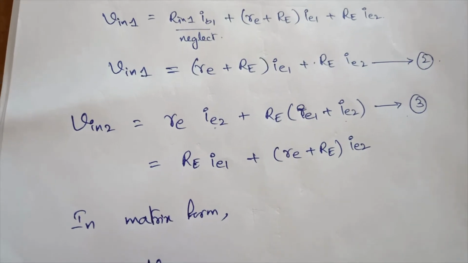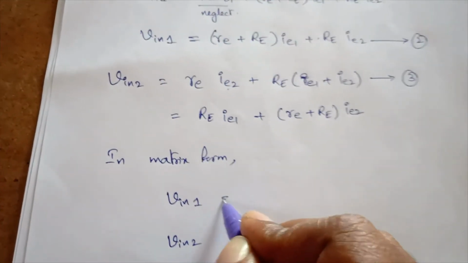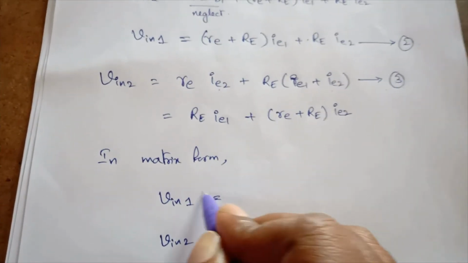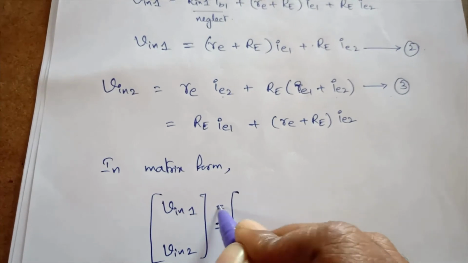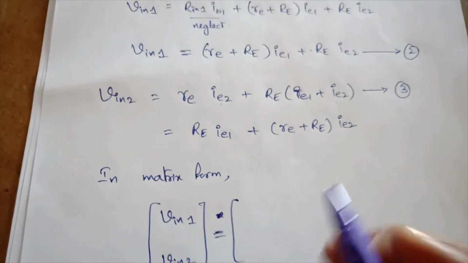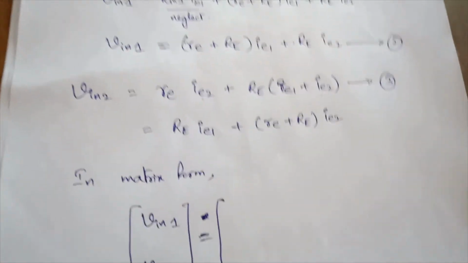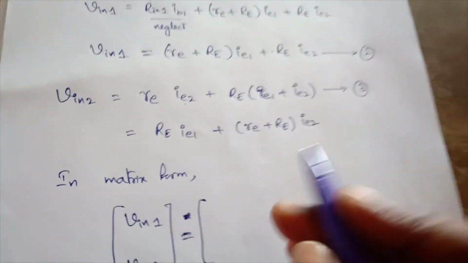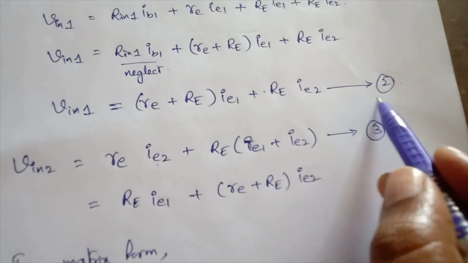So Vin1 and Vin2 is equal to, so first write the IE1 terms. In equation 2, what is the IE1 terms?